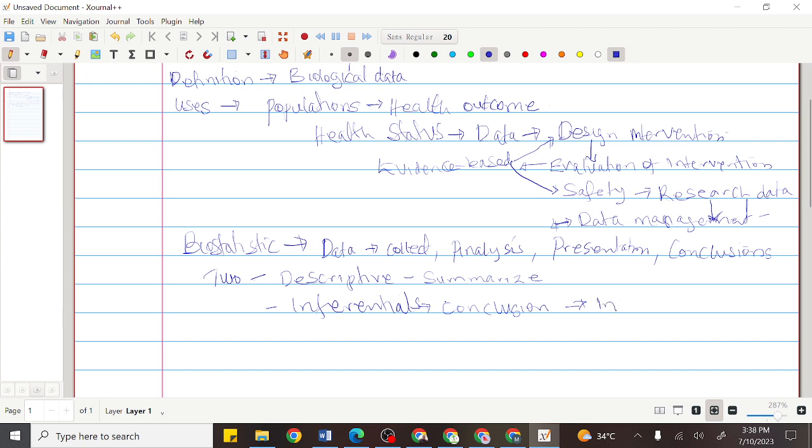So how do we make those conclusions is the basis of inferential statistics. So that is a brief introduction to our first session on biostatistics.